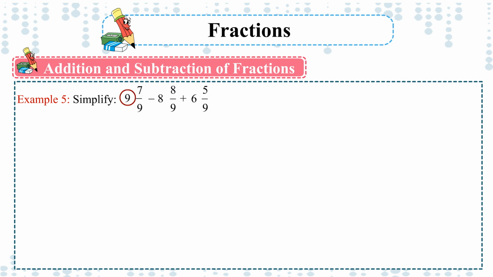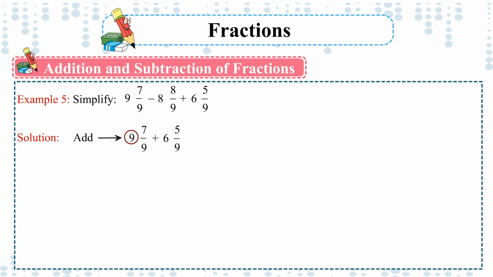Example 5. Simplify. 9, 7 upon 9 minus 8, 8 upon 9 plus 6, 5 upon 9. Solution.